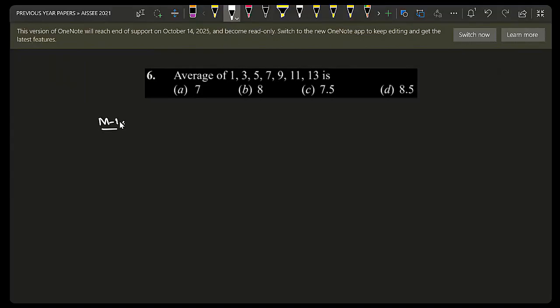We know the average formula, that is sum of observations by number of observations.